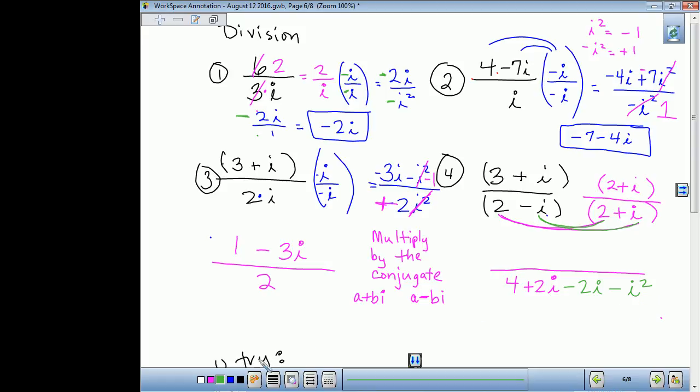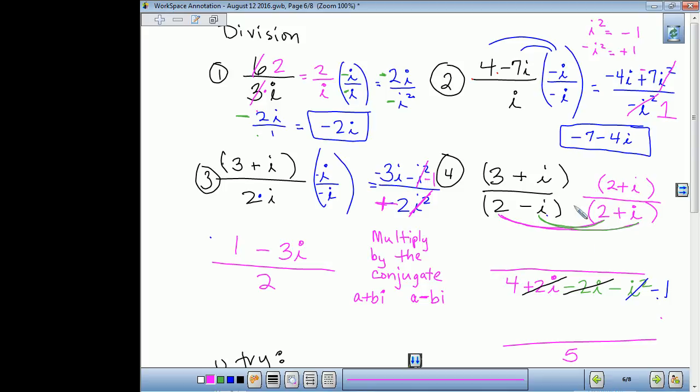So every time you multiply conjugates, the outer product and the inner product always cancel. And so every time it's going to eliminate the imaginary part. Because what is i squared, guys? Negative 1. So this is like minus negative 1. What happens to minus and negative? It's plus. Okay. So the denominator is 5.